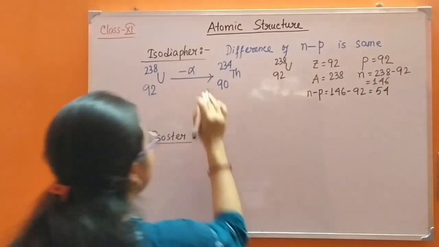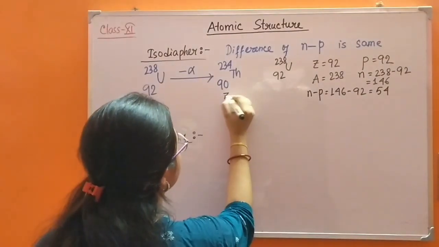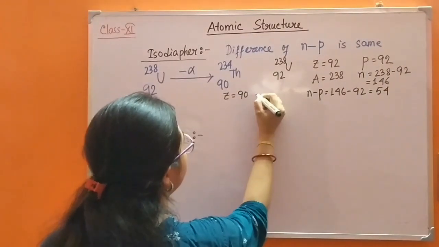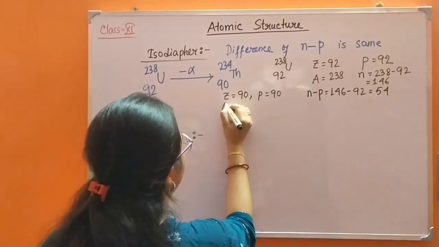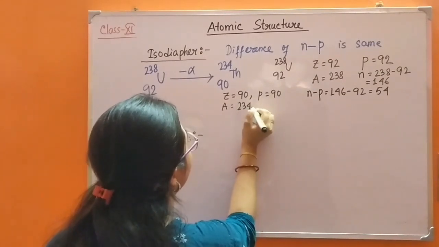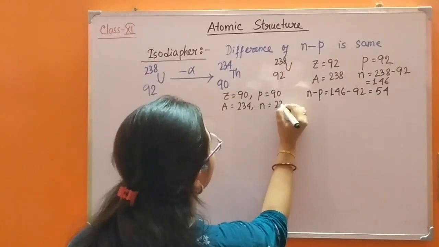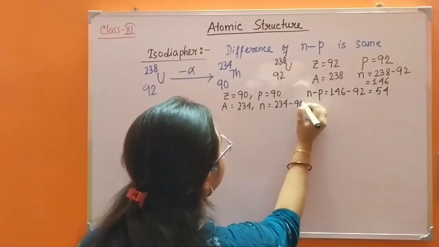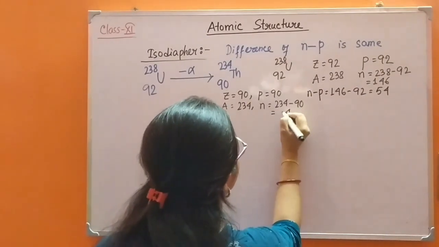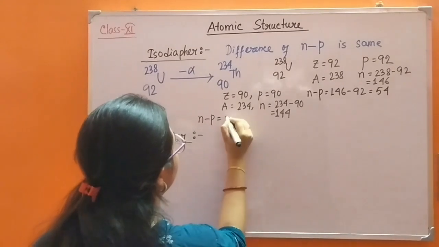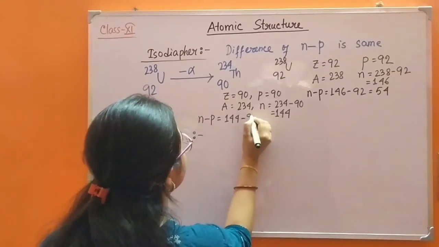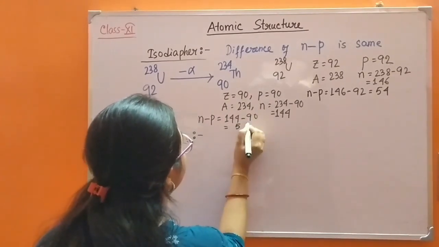And in the case of thorium, Z equals 90, that means protons are 90, and mass number is 234. So the neutron number is 234 minus 90 equals 144. So neutrons minus protons equals 144 minus 90 equals 54.